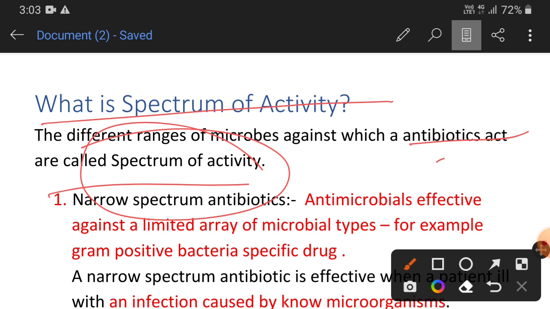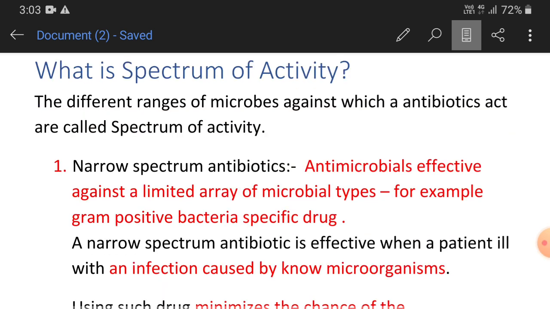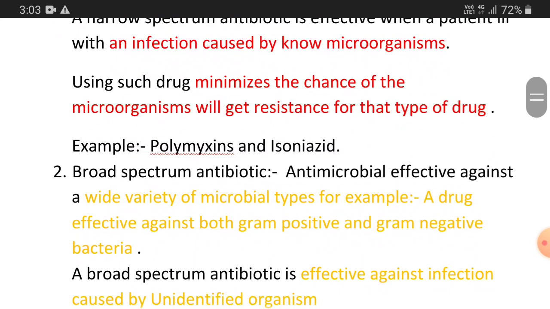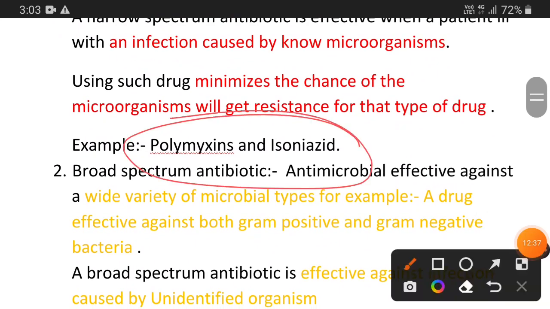Narrow spectrum antibiotic means that the spectrum of that particular drug is narrow. This kind of antimicrobial agent is effective specifically against a particular type of microorganism, and is only used when you know which microorganism is responsible for that particular type of infection. It minimizes the chance of drug resistance. For example, polymyxin and isoniazid.